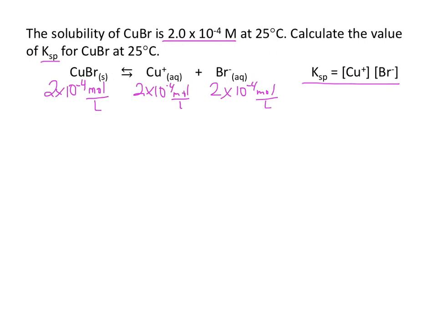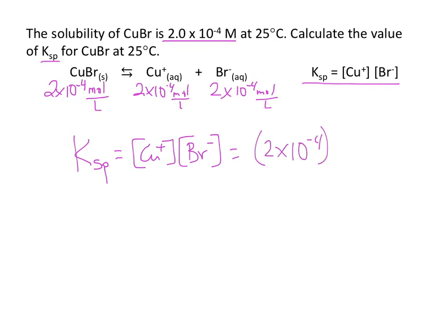So using the Ksp expression that's so nicely given to us, we have 2 times 10 to the negative 4, essentially squared. And 2 times 10 to the negative 4, squared, is 4 times 10 to the negative 8.